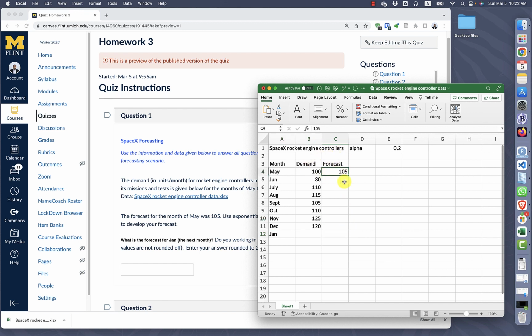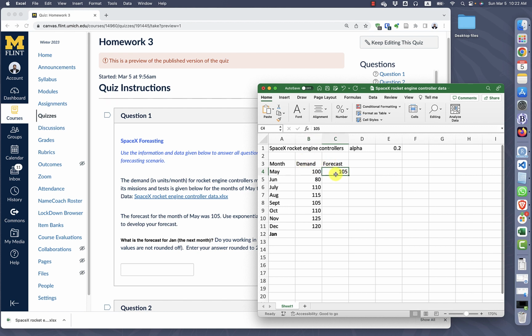If we were not given an initializing forecast, a forecast for some time period, then we just take the first row of data we have and we set that forecast equal to a naive forecast. We assume the forecast for this month is the same as the demand for this month.